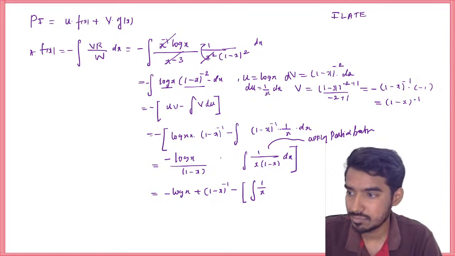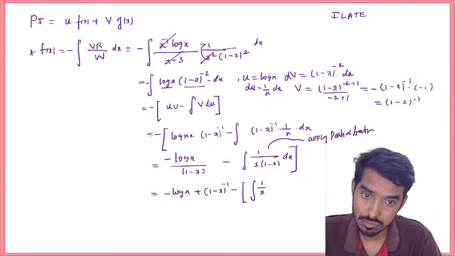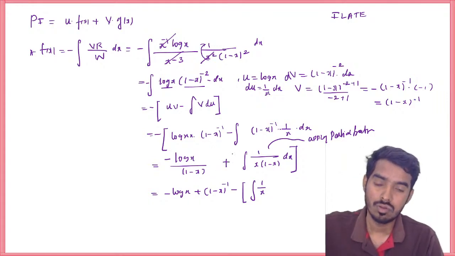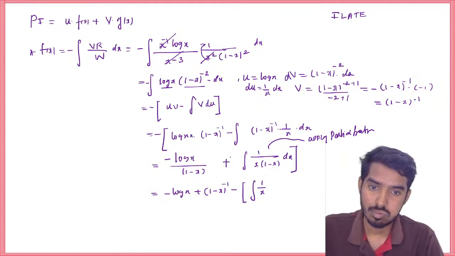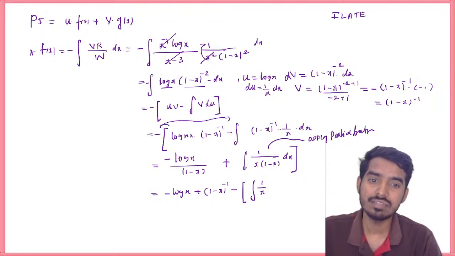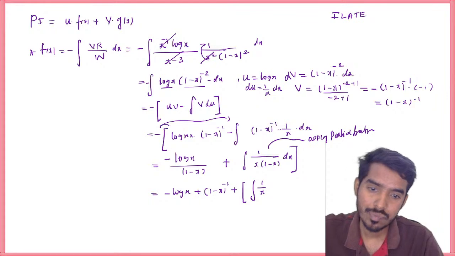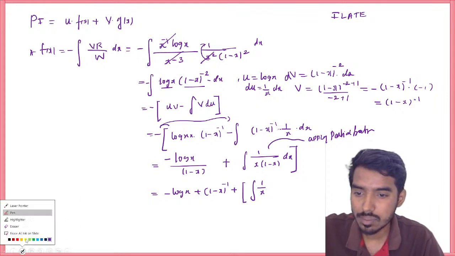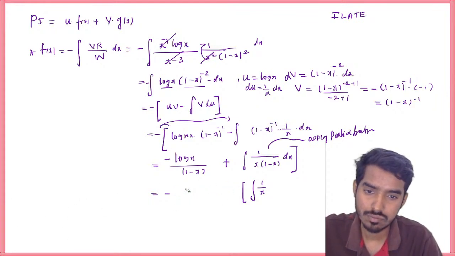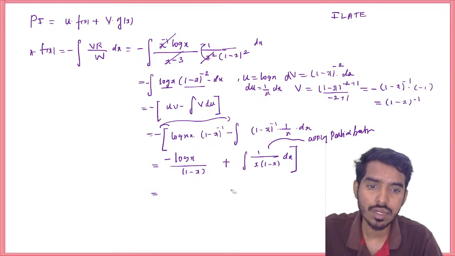Write down, right? Just bringing this minus inside. Minus of this plus this. So now we will have this two.